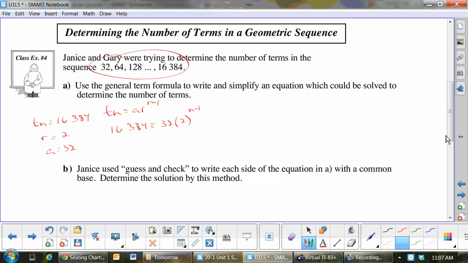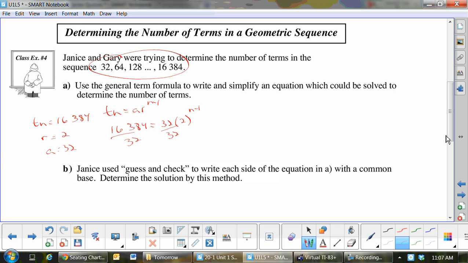But that 32, it's free. And what's the 32 doing to the 2? Multiplying. If I want to get rid of that 32, what's the opposite of multiplication? Division. So never mix up addition, subtraction, or opposites, multiplication, division. So let's divide 32 by both sides.